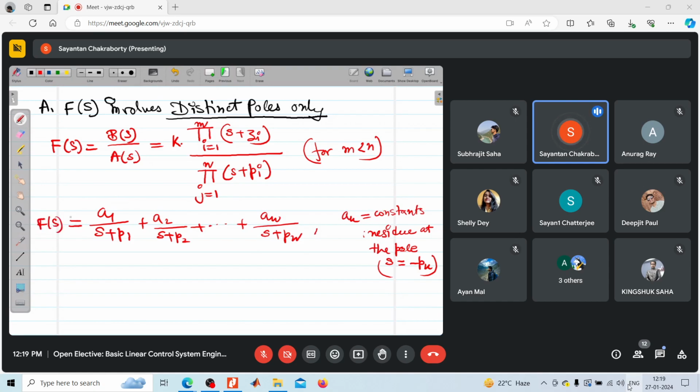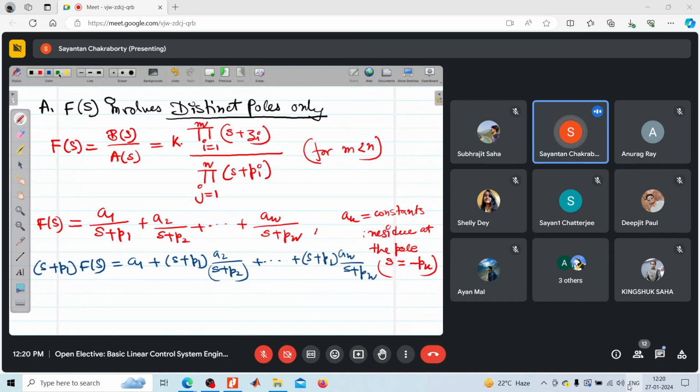The question comes, how can you calculate these individual a1, a2 up to an? For that, you can simply multiply F(s) by (s plus p1). So that will be a1 plus (s plus p1) a2 by (s plus p2), up to (s plus p1) an by (s plus pn).